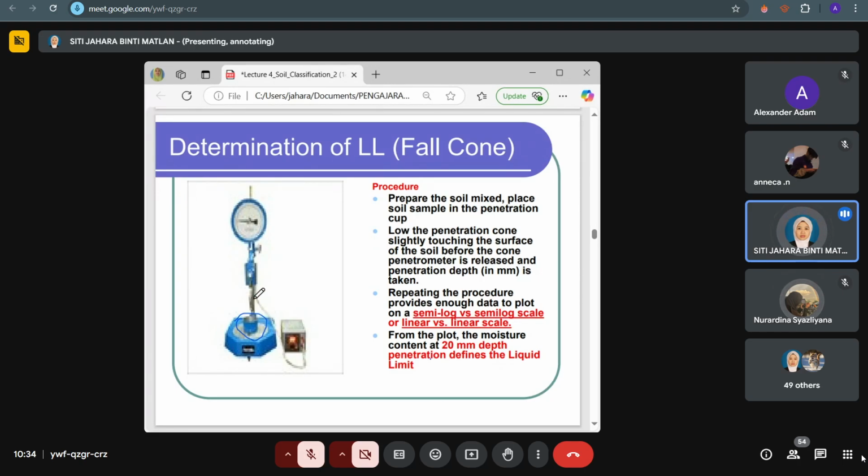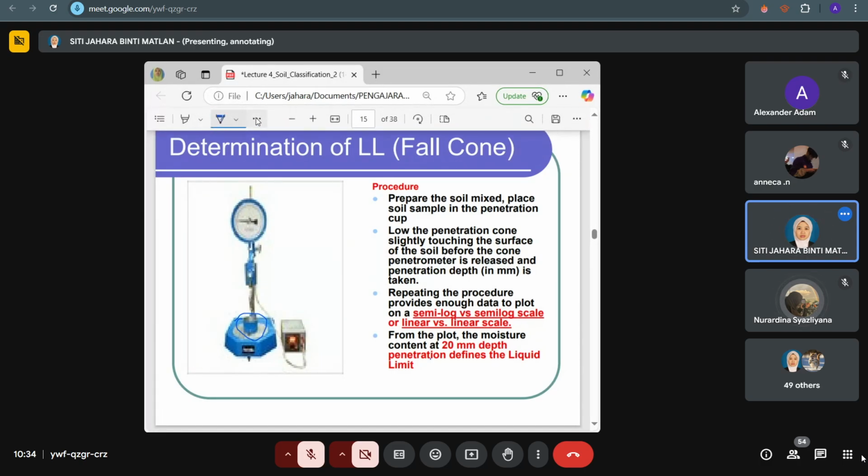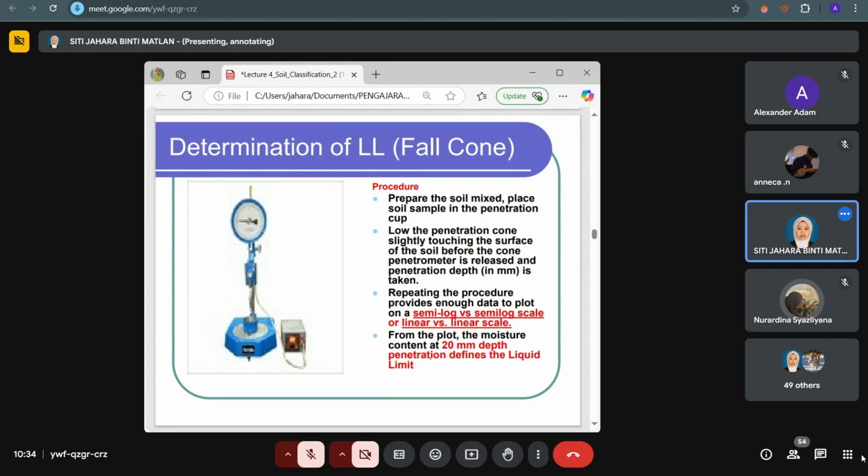Can you see that? So we lower the cone, there is a cone here, to touch the soil surface, and then release the cone and record the penetration depth in millimeters.